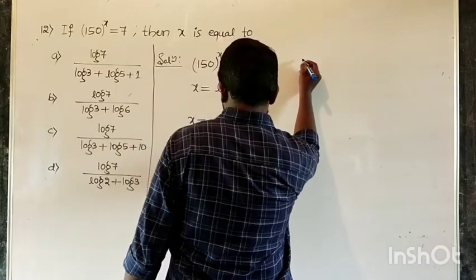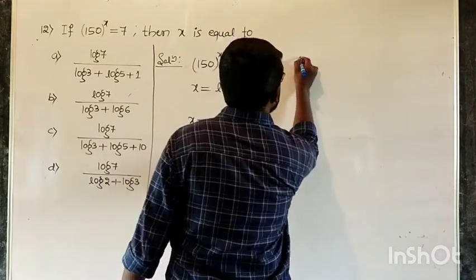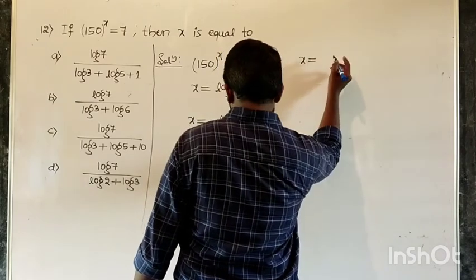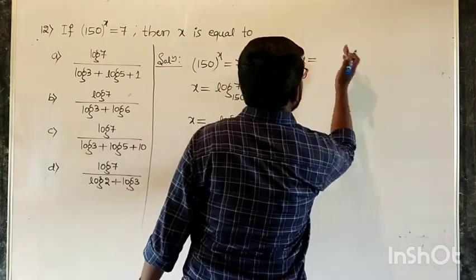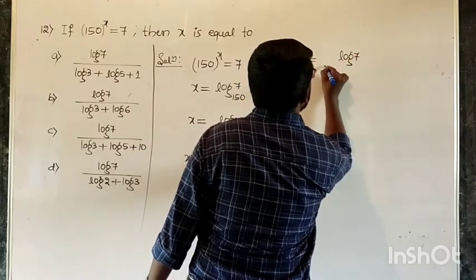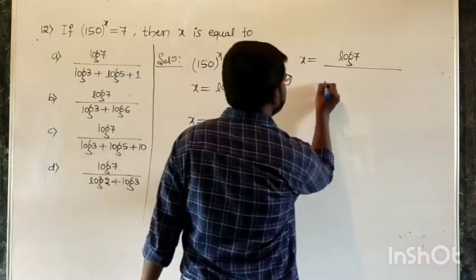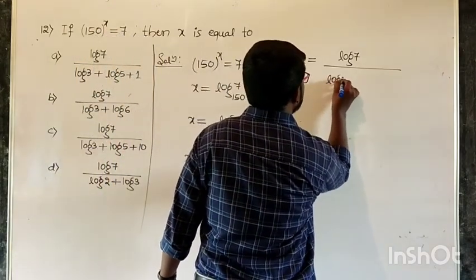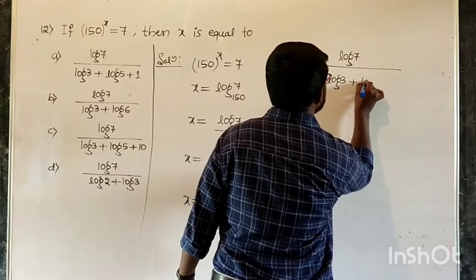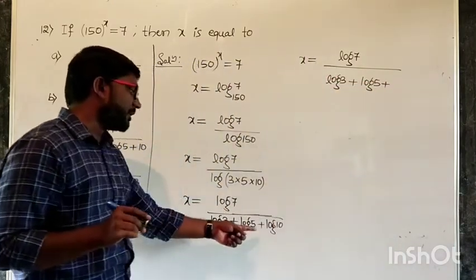So now x is equal to, write the numerator as it is, log 7 divided by log 3 plus log 5 plus, what is the value of log 10?